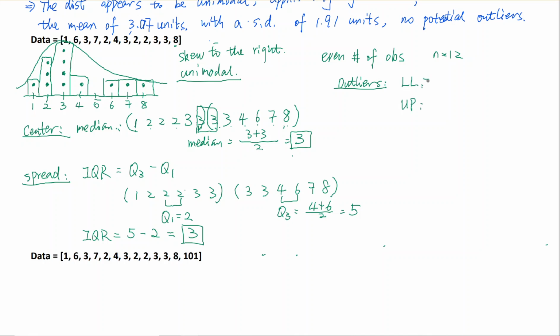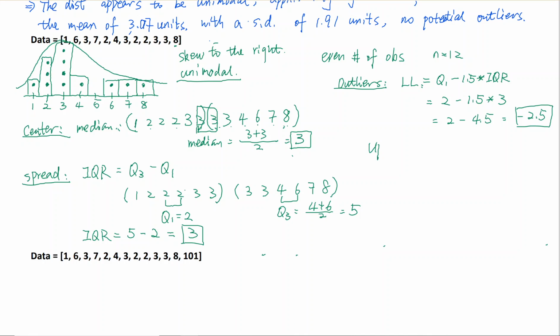The lower limit will be Q1 minus 1.5 times the IQR. So it will be Q1, which is 2, minus 1.5 times IQR, which is 3, right? So it will be 2 minus 4.5, which is negative 2.5. So this is the lower limit, right?